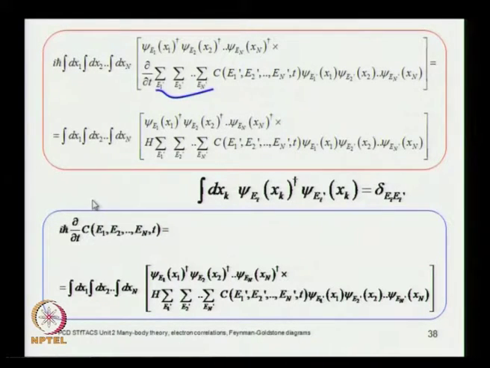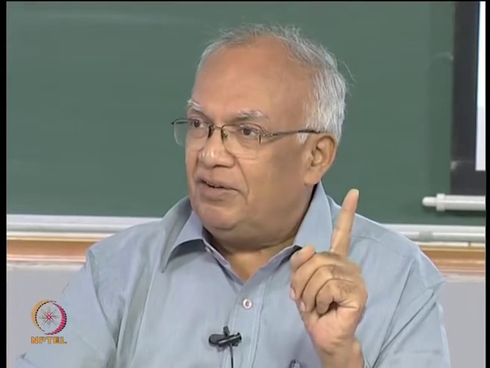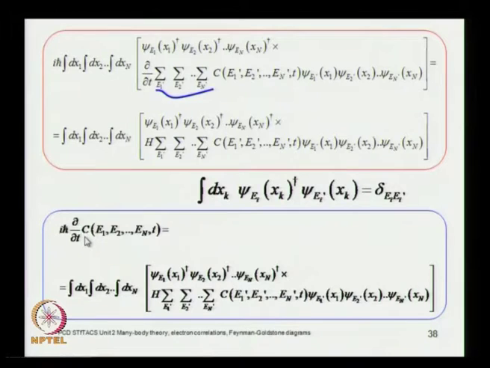So, now you have got the iħ ∂C/∂t on the left hand side after exploiting the orthogonality on the left hand side. There is only one term that will survive under all of those integrations, right. That will be the coefficient C corresponding to a particular set which is E1, E2, E3, which is the unprimed set that we used in the previous step, right. So, that is the only term that will survive on the left side.